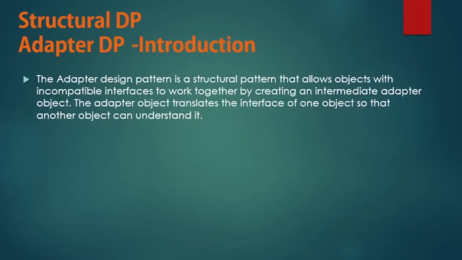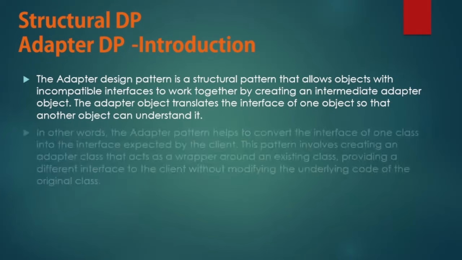The adapter design pattern is a structural pattern that allows objects with incompatible interfaces to work together by creating an intermediate adapter object. The adapter object translates the interface of one object so that another object can understand it.